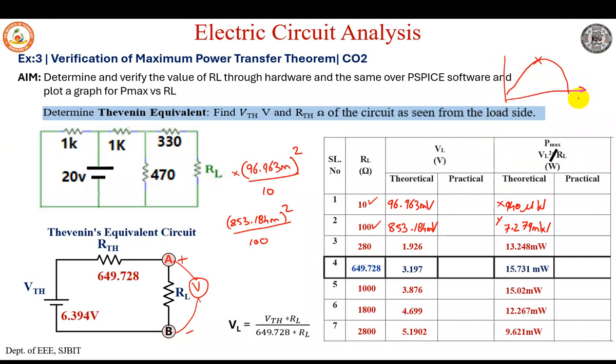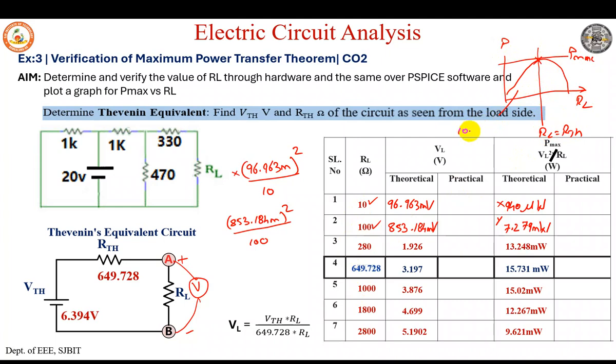So this is the x-axis, where you have RL. As resistance changes, on the y-axis is your power, and this is your Pmax. At this point only, when RL is equal to RTH, you can see maximum power.